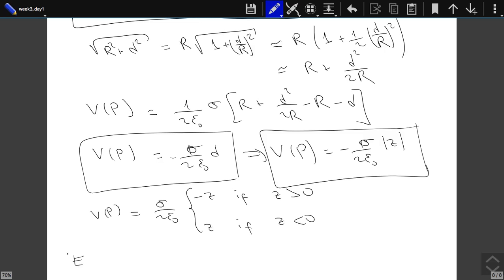So the electric field, minus dV by dz in the z component, will be equal to sigma over 2 epsilon 0 times z hat if z is larger than 0, minus z hat if z is less than 0.